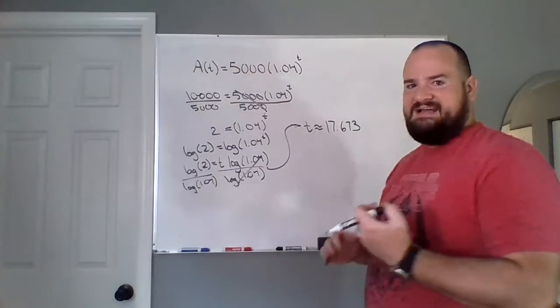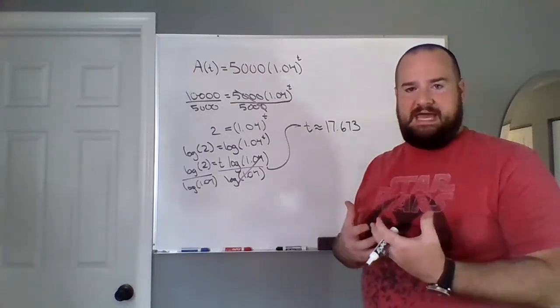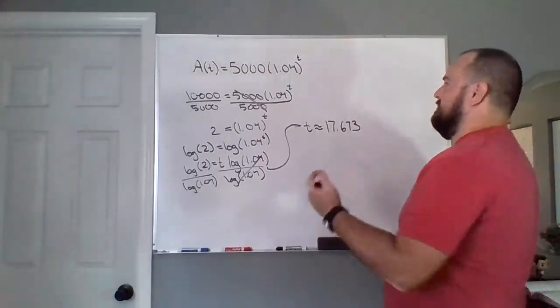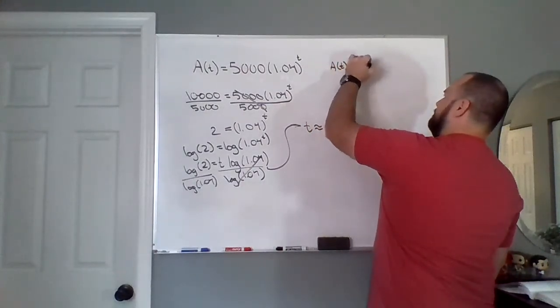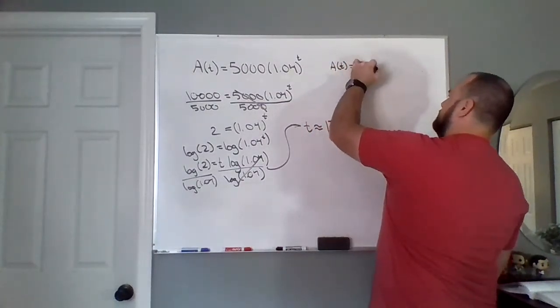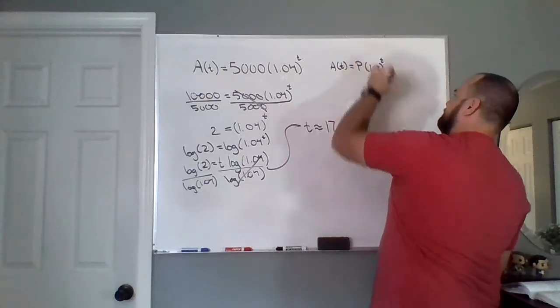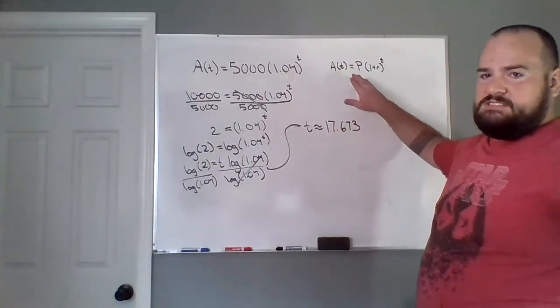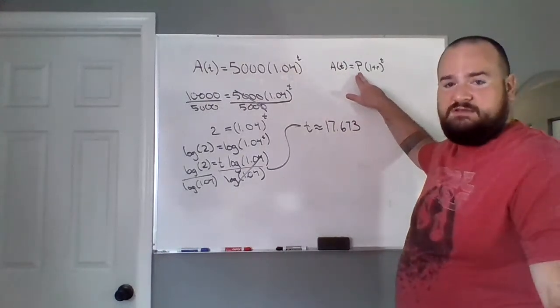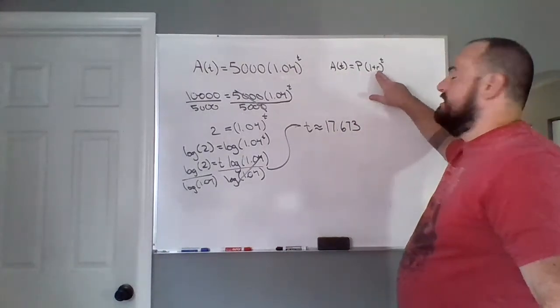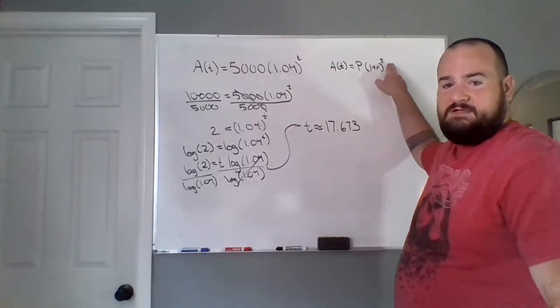Well, what's really cool is it actually doesn't matter what amount we have, because our equation, the amount in the account after t years, is the principal amount, the amount we initially invest, times 1 plus our interest rate as a decimal, raised to the t.